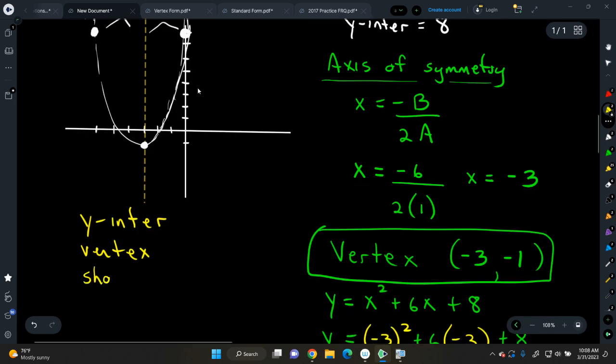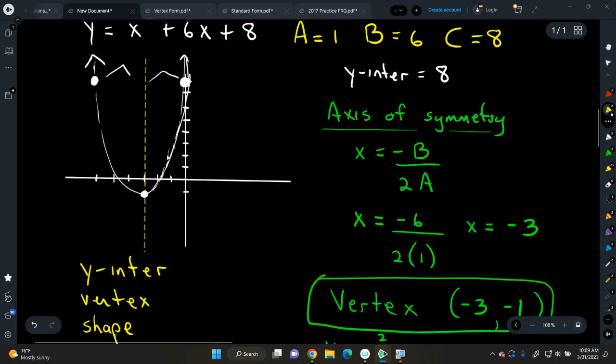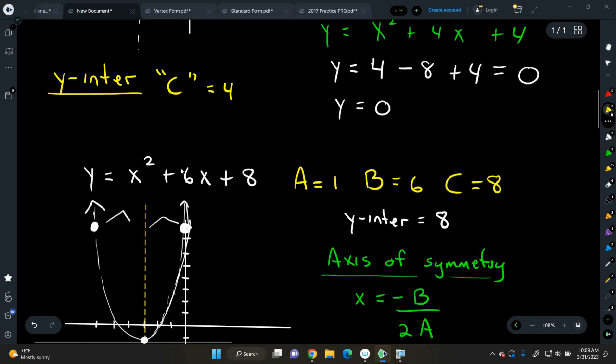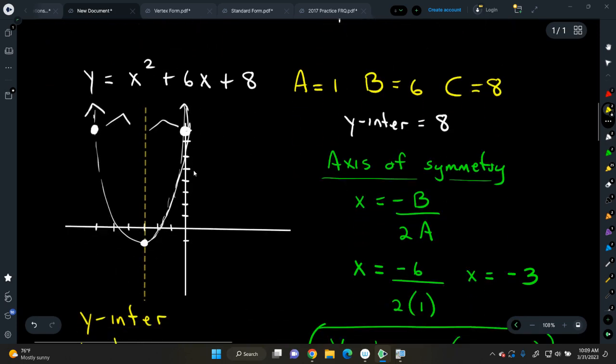We get the shape of the graph because we have that y-intercept, okay? Remember when we learned how to graph a line, how many points did we need? 2 points. How many points do we need to properly graph this parabola? 3 points. Good. We need 3 points to graph the parabola. Okay, give you one more practice problem, then I'll have you start on your worksheet.